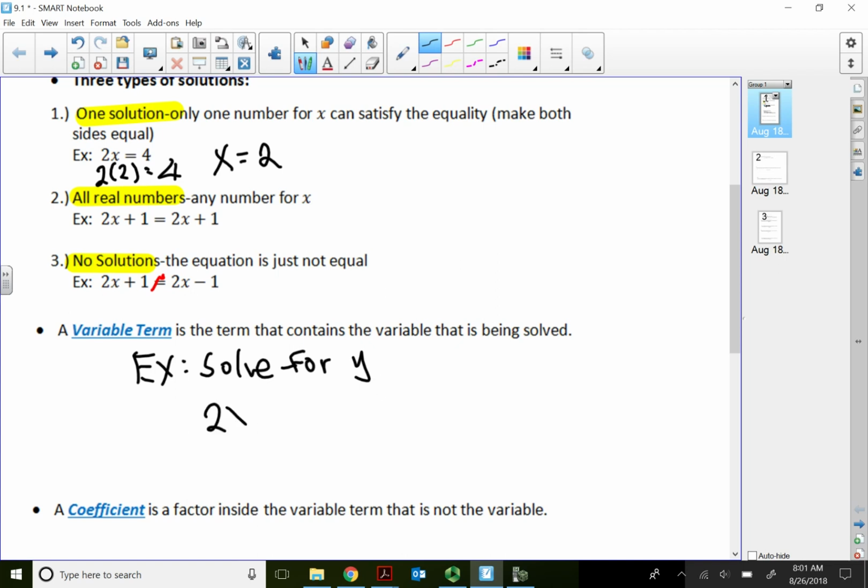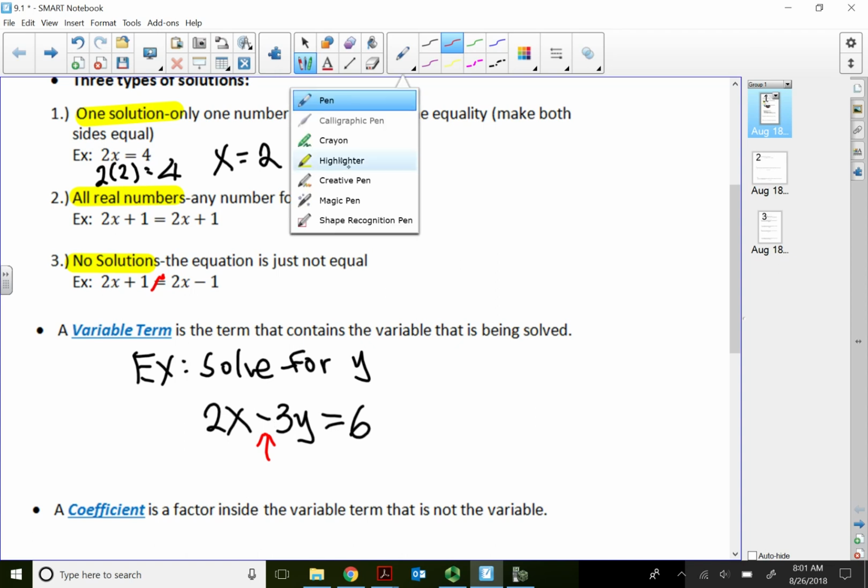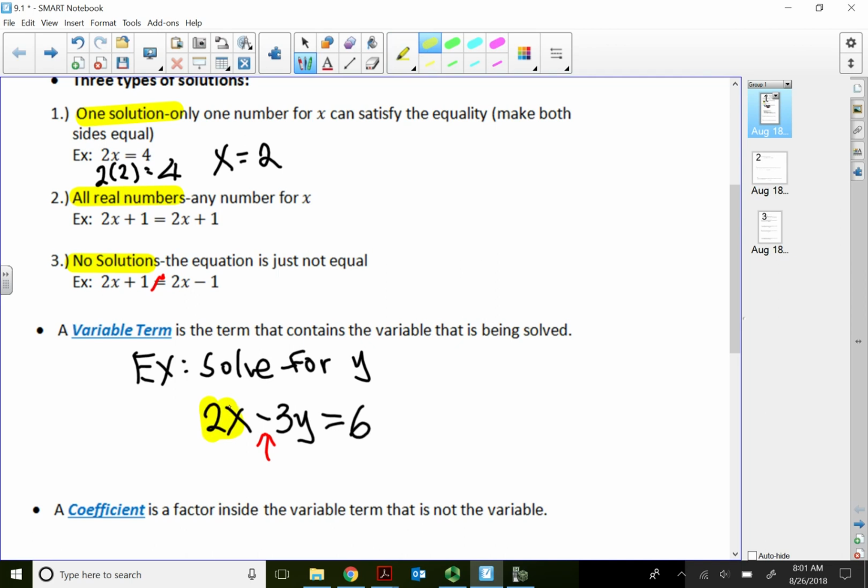When I have an equation such as 2x minus 3y equal to 6, I have 3 terms. A subtraction sign outside the parenthesis separates terms. So 2x is a term, negative 3y is a term, and 6 is a term.